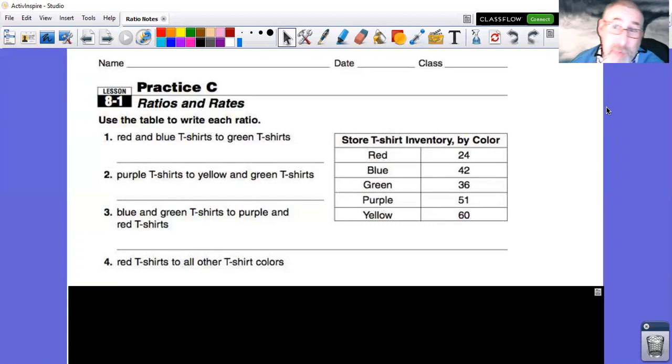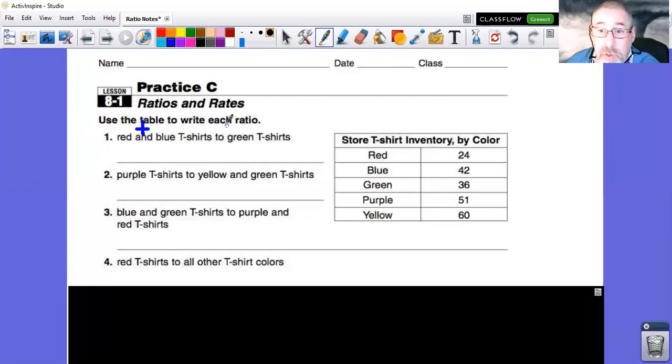We can start doing some annotations here. Anytime you see the word and within a ratio problem, so red and blue, that means that we are going to add those two values together. So we know that the red and blue t-shirt should be one value.